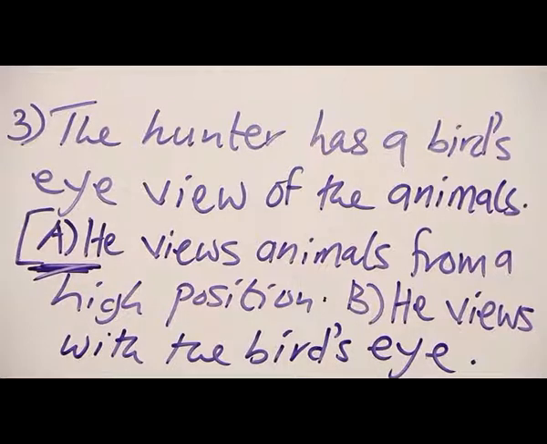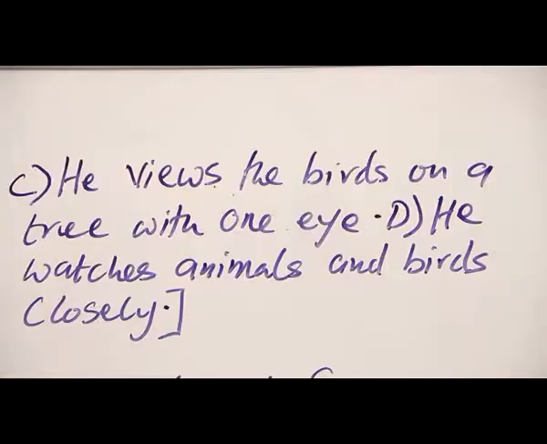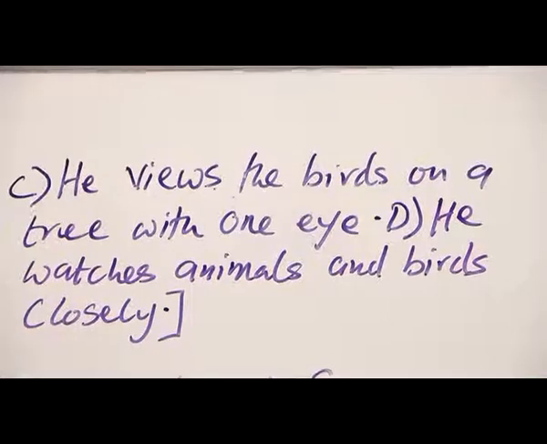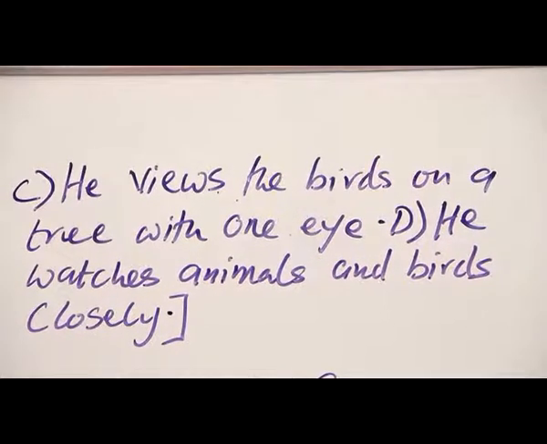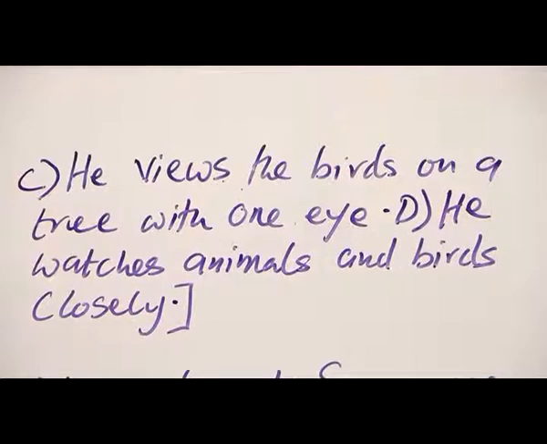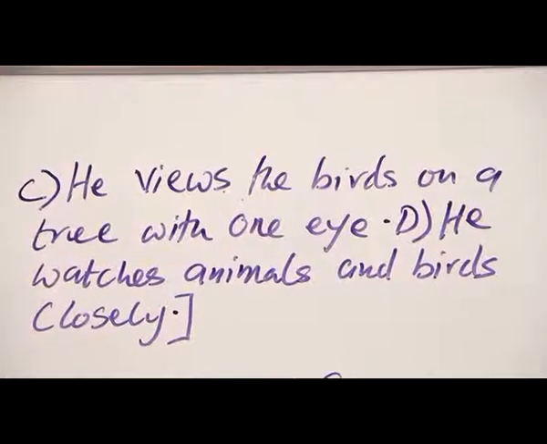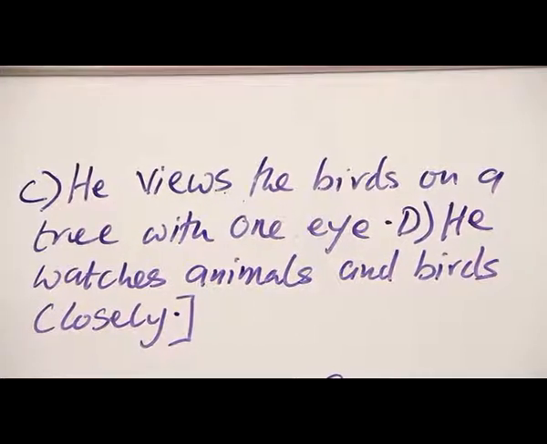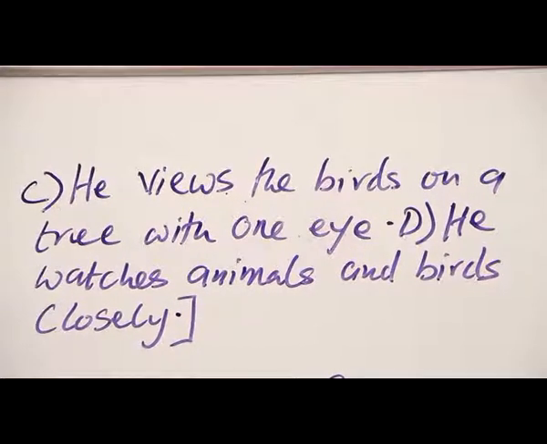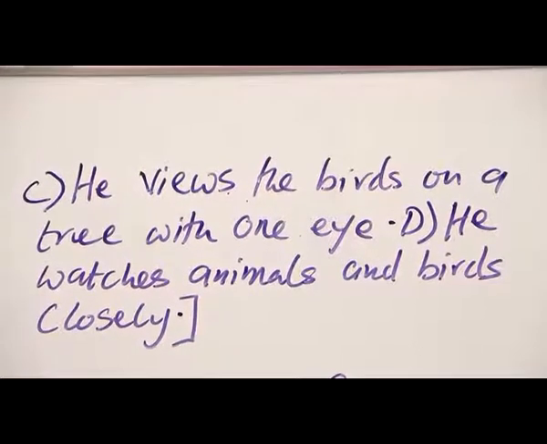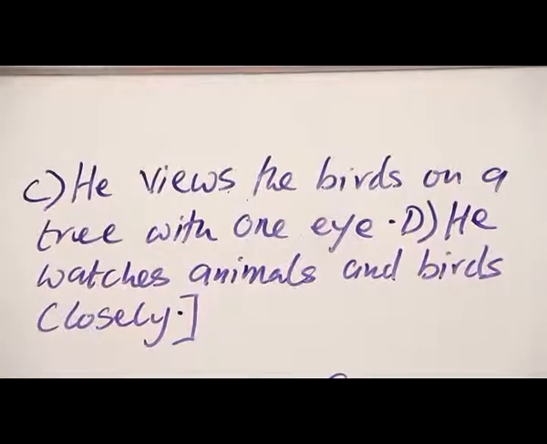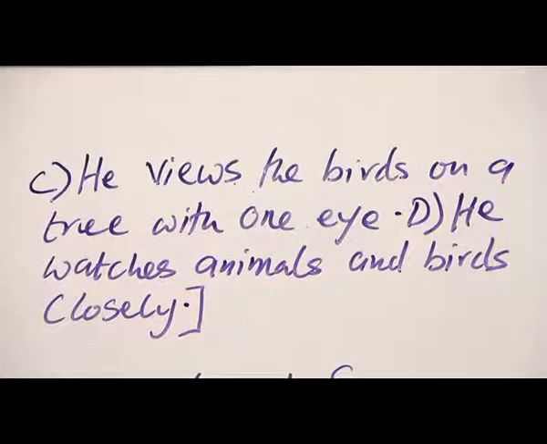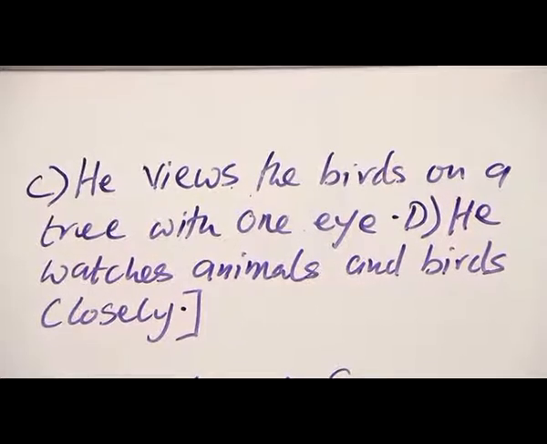B, he views with the bird's eye. That is absolutely wrong based on the idiom we have given. Option C, he views the birds on a tree with one eye. That is even funny, but I'm sure it is put there to deceive you. Usually, people who want to shoot a bird sometimes close one eye as they aim at it. So if you are used to that, you may think that is what it means.